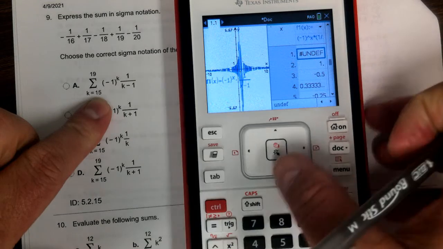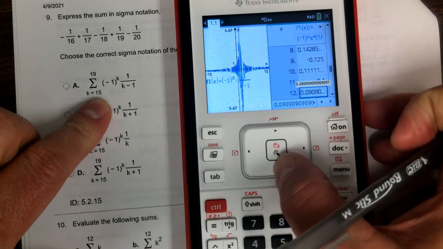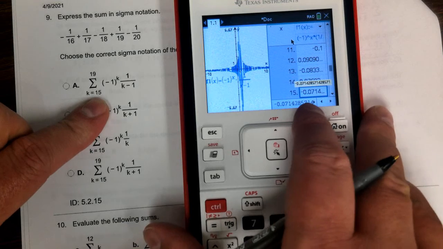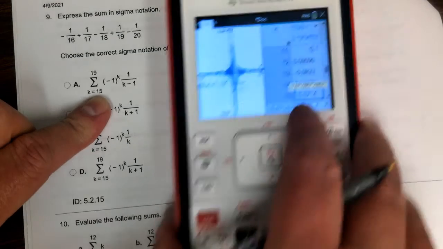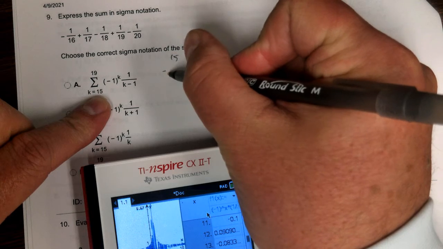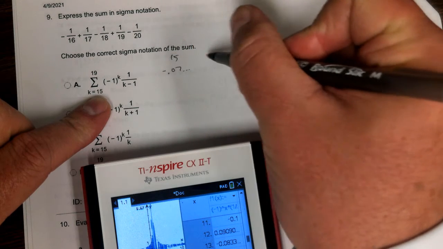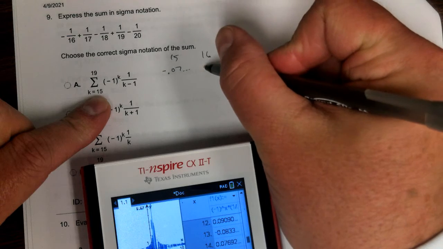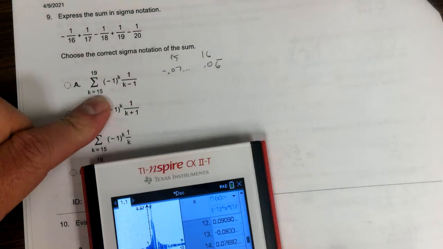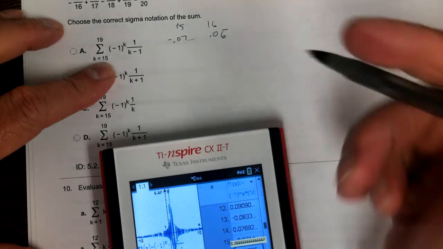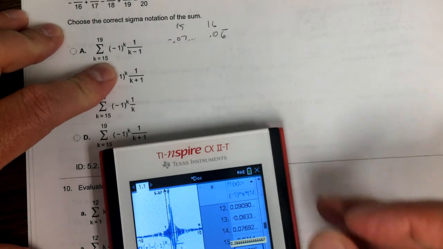Start the table at 15. And okay, so this one's going to be weird decimals. At 15, it's negative 0.07 something. At 16, it's 0.06 repeat. Let's just check those.